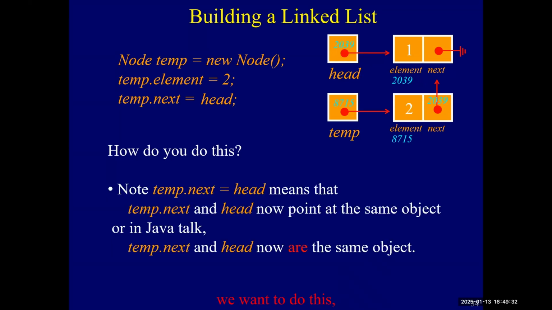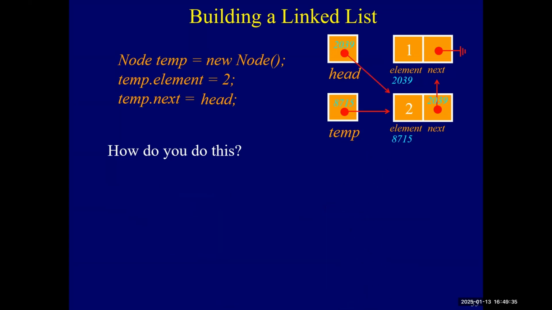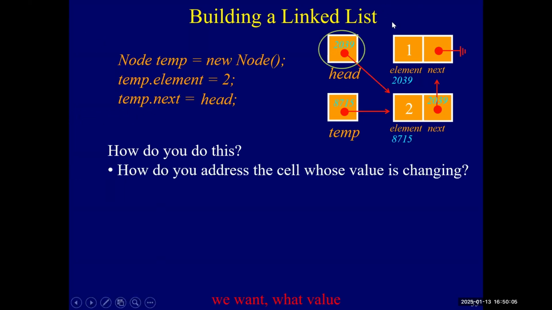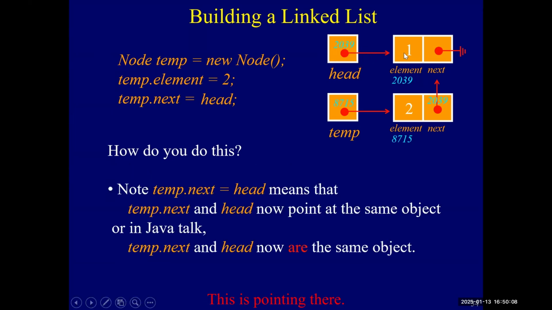All right, so now we want to do this, right? Because we're forming our linked list. So we want head now to point at the top of the stack. All right, so everybody think, what's the code to get head to point there? Everybody think about it? Yeah, right? So again, we want to change this, right? This is pointing there. So which box are we changing? We're changing this box. How do we name this box?